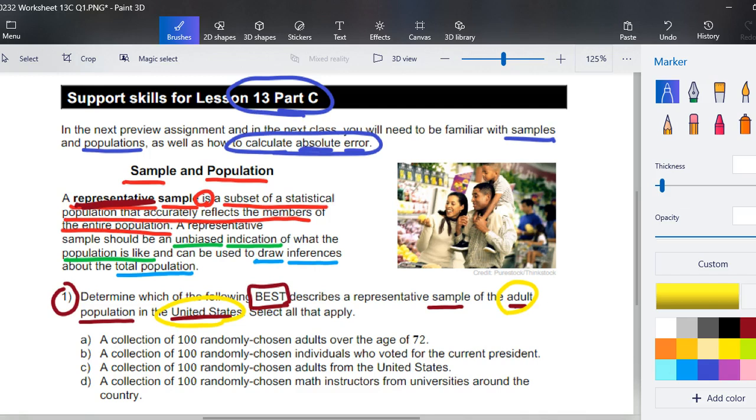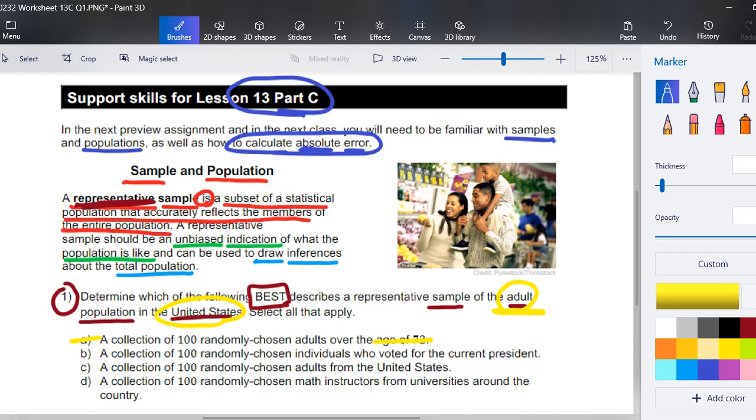So when we look at this question's part A, if we do a collection of 100 randomly chosen adults over the age of 72, will that capture a good representation of all the adults? No, if you consider 18 adult, then that won't get the 18 to 71 group.